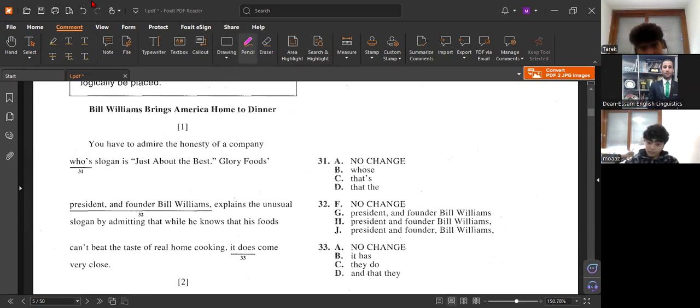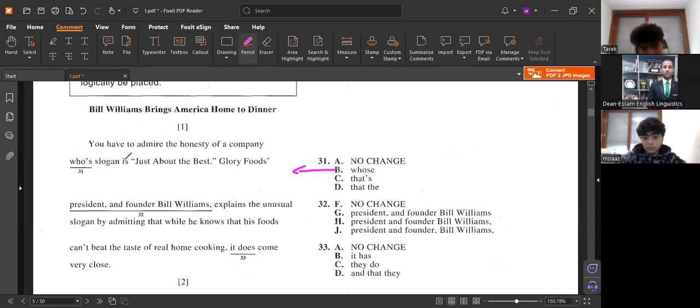Let's prove together why B is correct. Because we have a small trap.